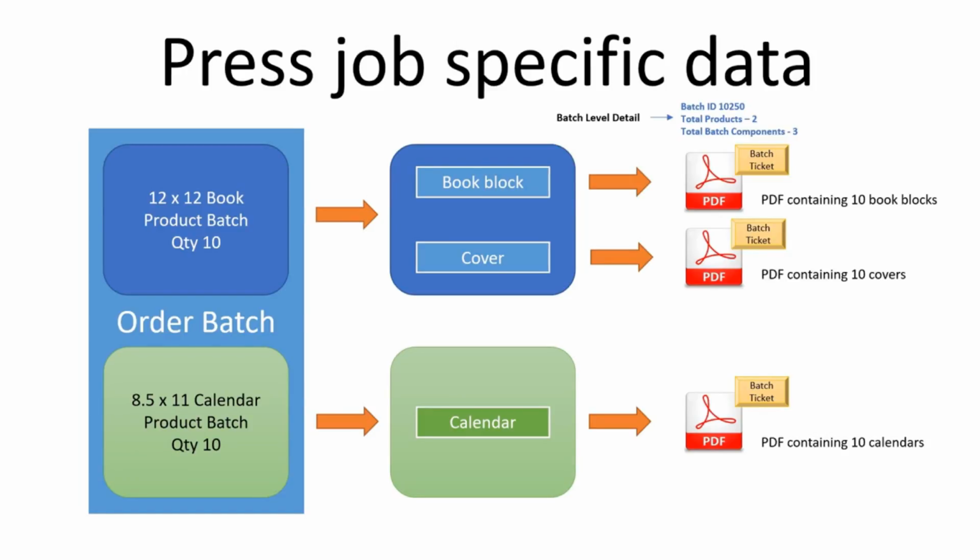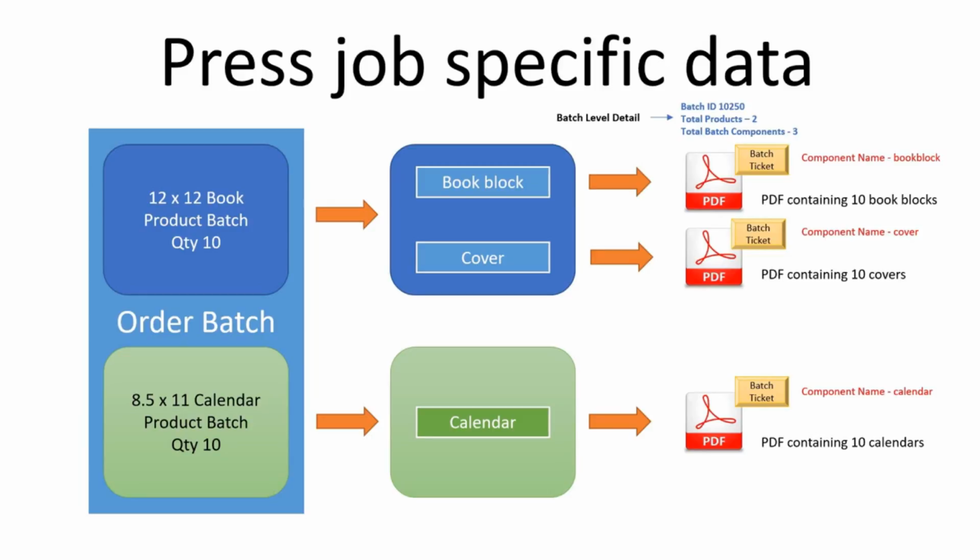If we want people to know exactly what's in the stack by simply reviewing the batch ticket, we can include the attribute component name and display the value. In the case of our book block press job, component name should display book block. For the cover, it should display cover. And for the calendar product, it should display calendar.